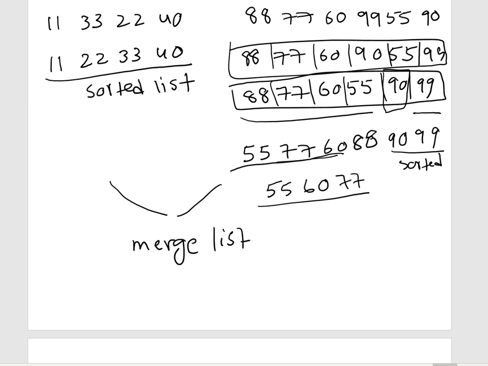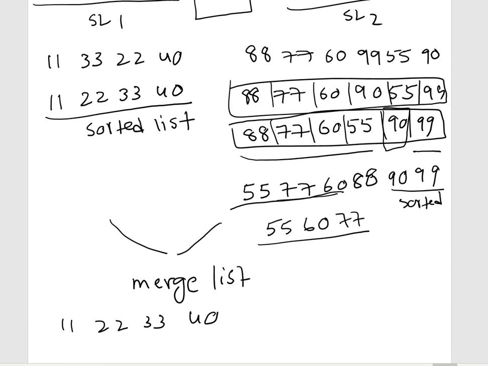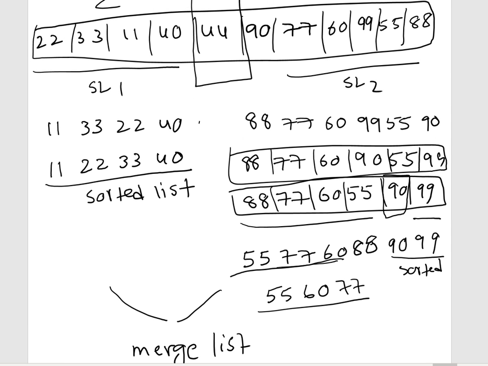Now if you perform the merge, it means 11, 22, 33, 40, and then where is the element? See, here we have 44, right?